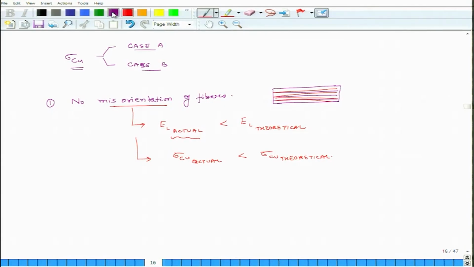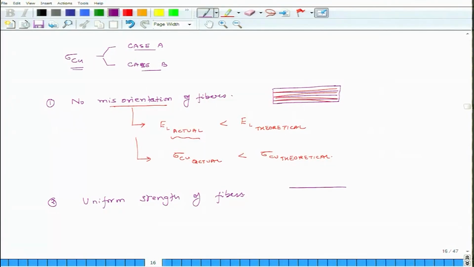The second thing we assumed was all fibers have uniform strength. What does uniform strength mean? So, we assume that uniform strength of fibers. Okay. What does it mean?